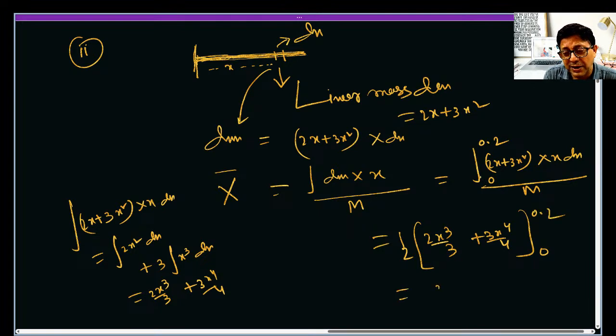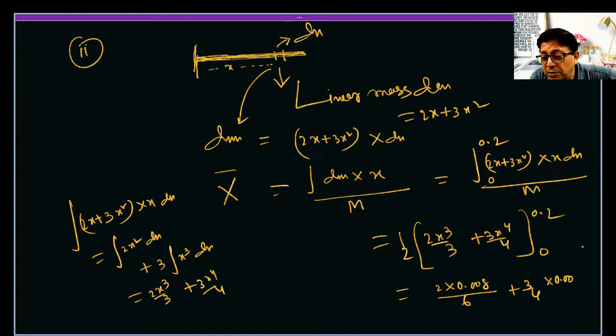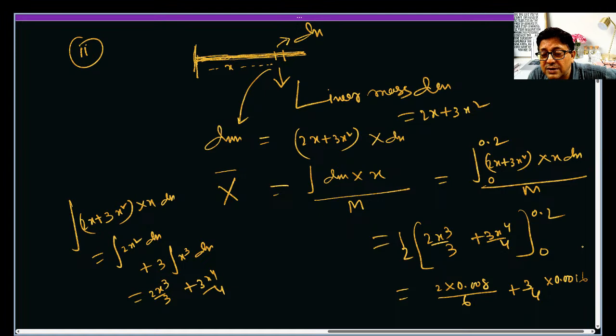It will be 2 into 0.2 whole cube, 0.008 by 6. Because when you put the lower limit x equal to 0, it will be 0 in both the cases, isn't it? It will be 0.0016. Am I correct? Check once. 0.2 to the power 4, double 0 will be there. 0.0016. I am not going to simplify. Finish it. Concept you remember?